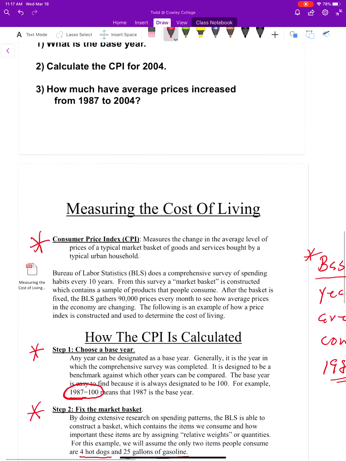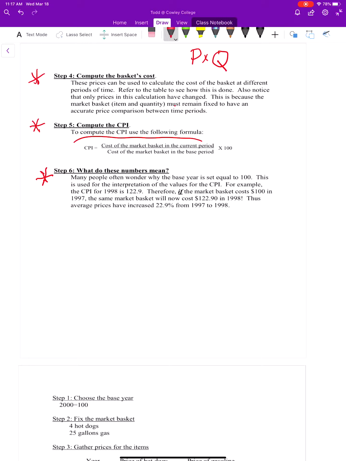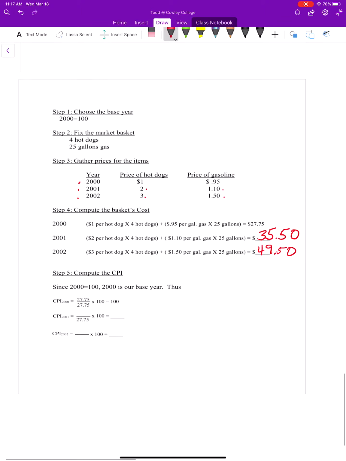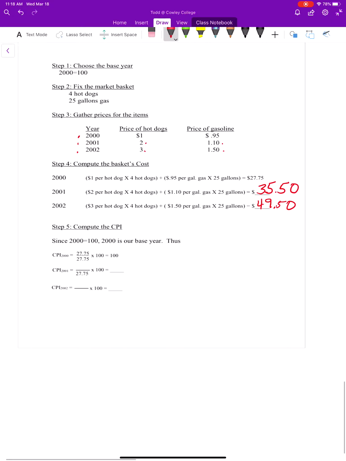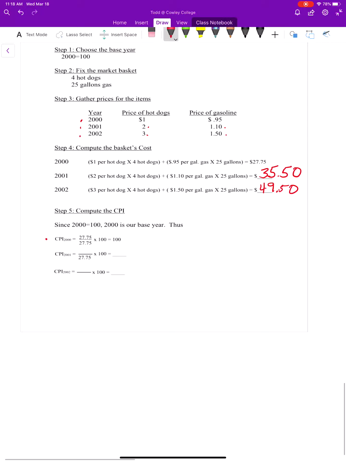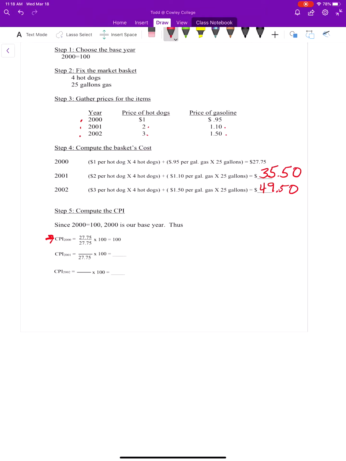Okay, so if we take that idea down here, and of course there's the formula again, let's compute the consumer price index for the year 2000. For the first one, I'm going to write the entire formula out so you can see where the numbers came from.